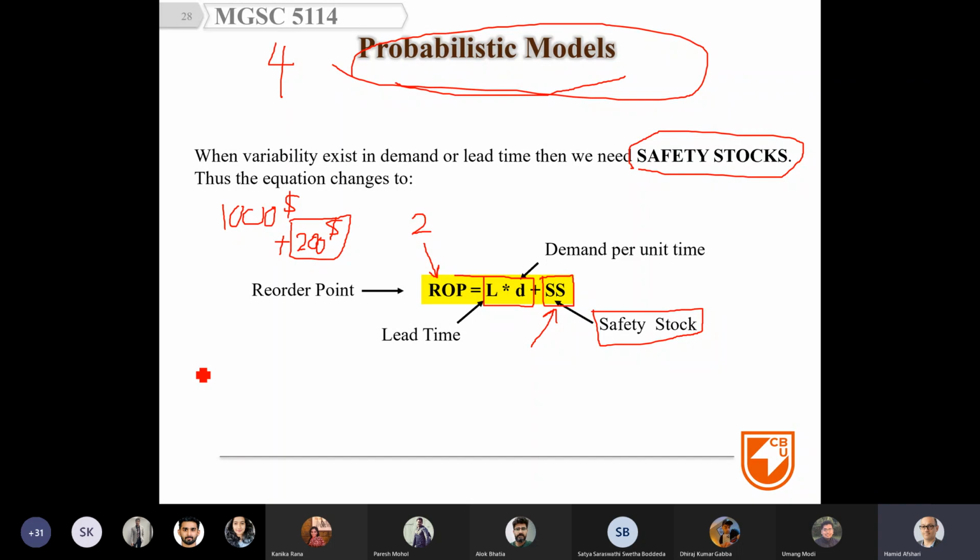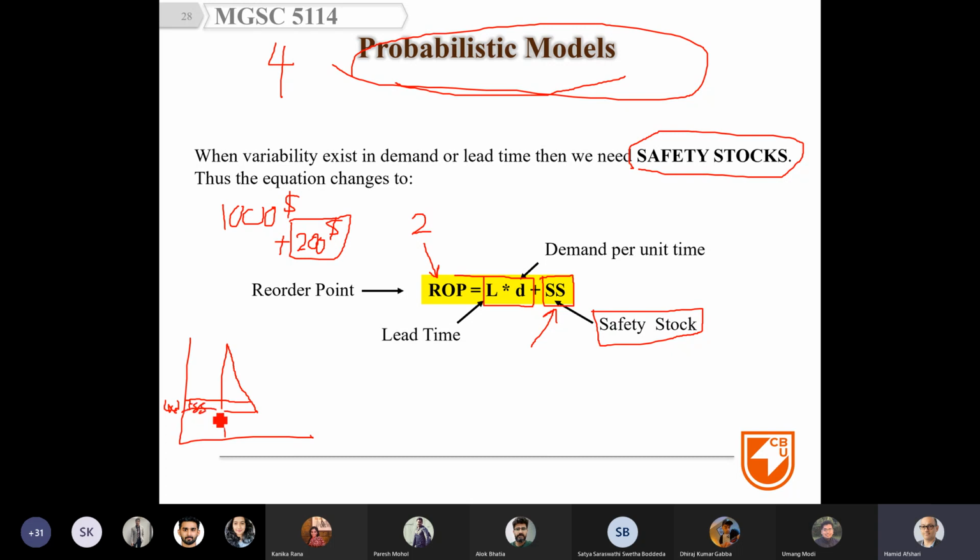So when you're calculating, for example, here you have ordered, your warehouse is full. When you have an unpredictable situation, instead of ordering at L multiplied by D, you go a little bit higher. Maybe you order here, because you need to consider extra money, which is safety stock.